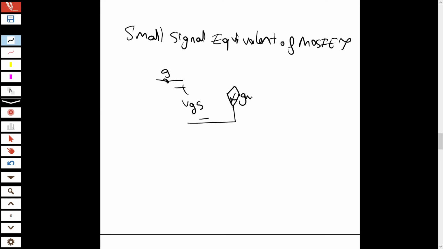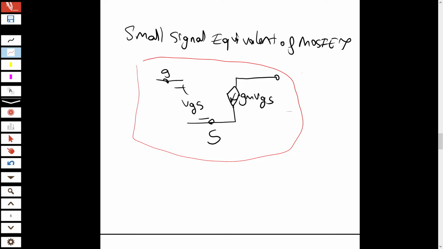This is gm VGS. Generally here there is RD and R load. This is V output, and here this is source. Sometimes this part is outside of the transistor. Transistor is basically this. This is our small signal equivalent of MOSFET.